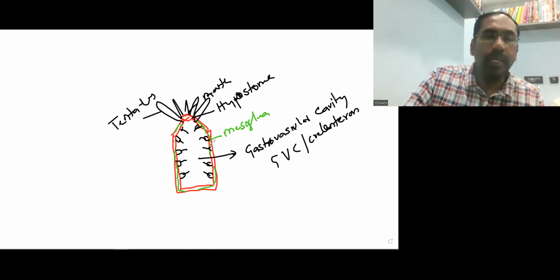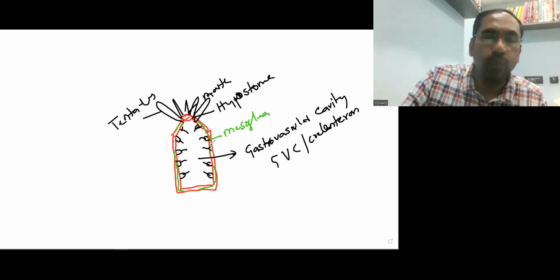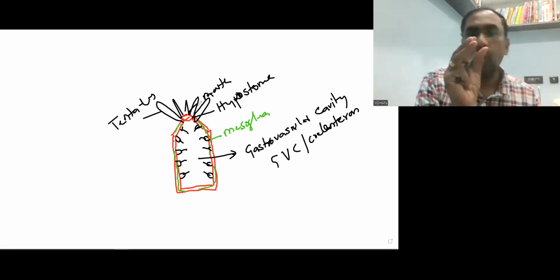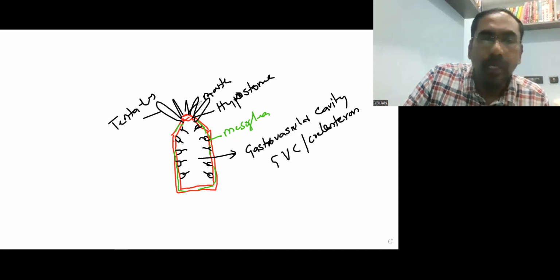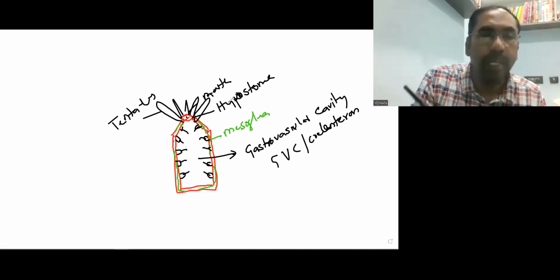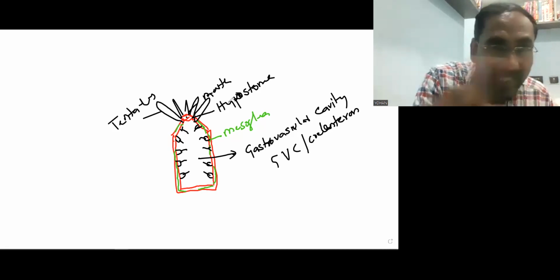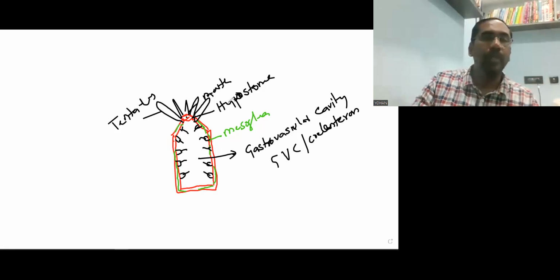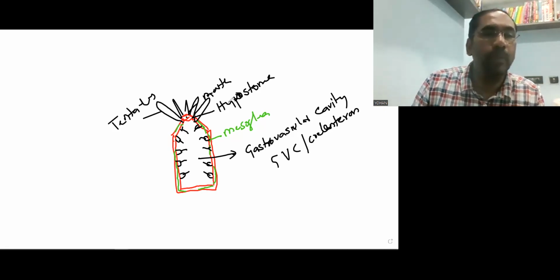And this gastrovascular cavity opens out through the mouth, and the mouth is located on a small conical structure called hypostome. That sentence was given in NCERT. Mouth is located on hypostome. Okay, ma'am?